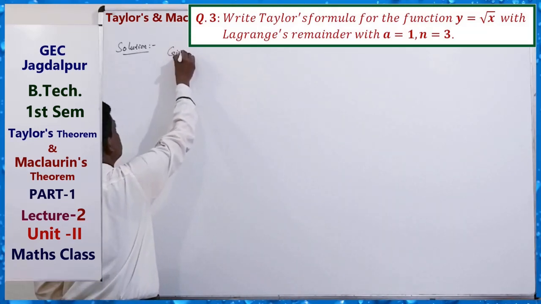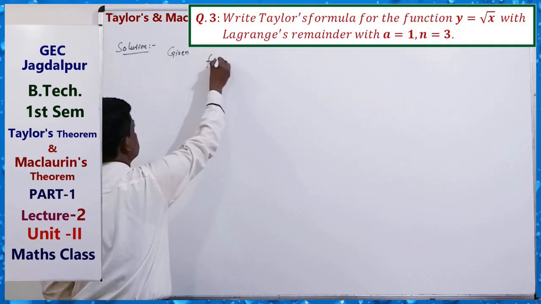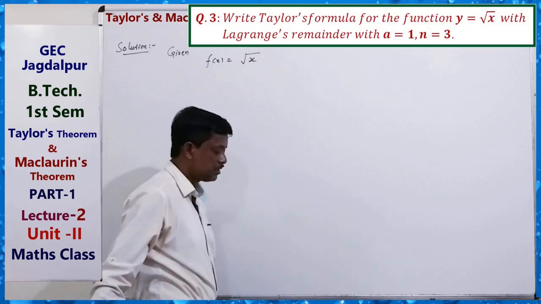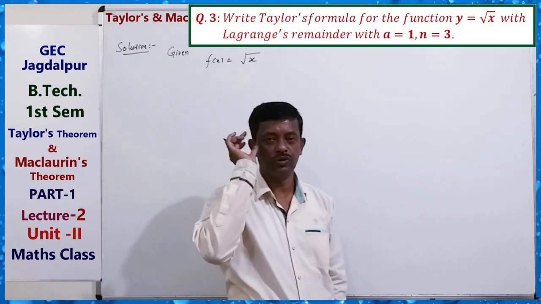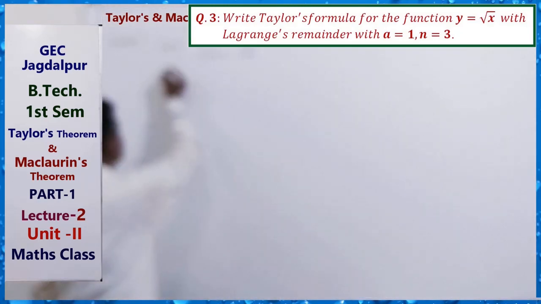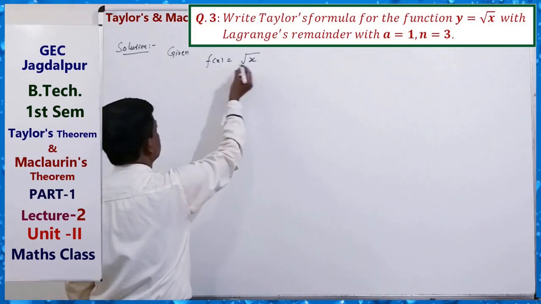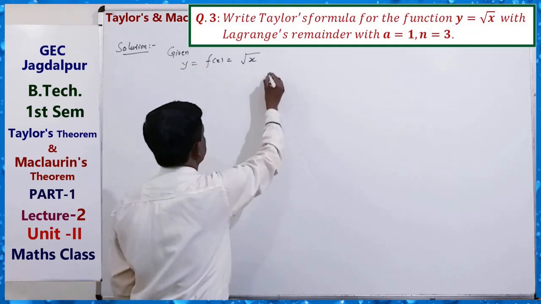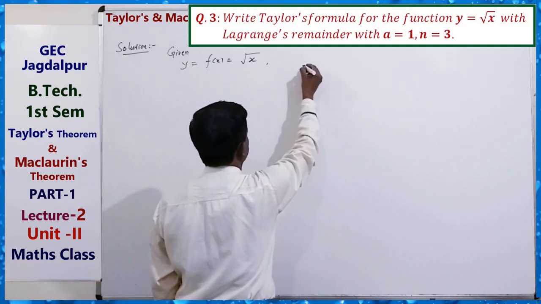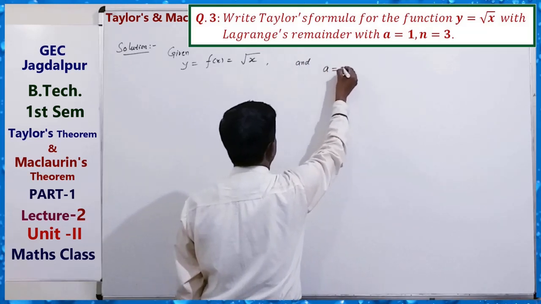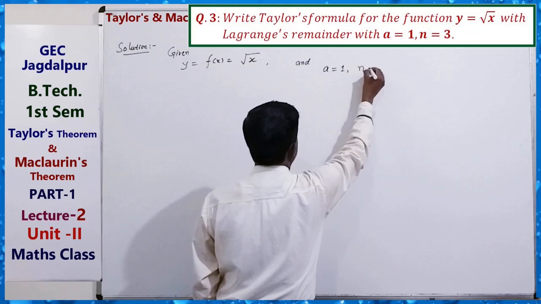Here given f(x) equals root x, that is y equals root x. Lagrange's remainder, a equals 1, and n equals 3.